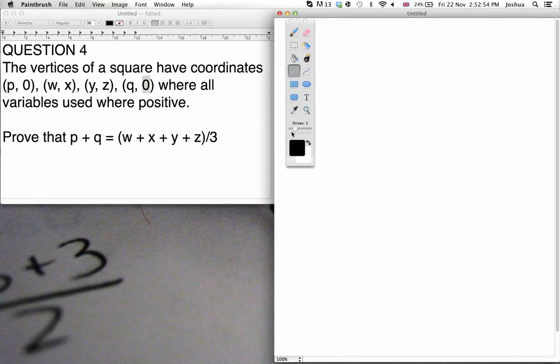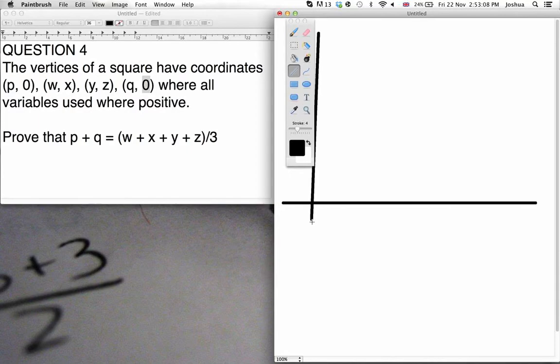So let's create the axes. That should do, and that should do as well. Okay, now what do we know about this square? We know that one of its points is at (p, 0), so its x coordinate is p and its y coordinate is 0, and it also has a coordinate like that.